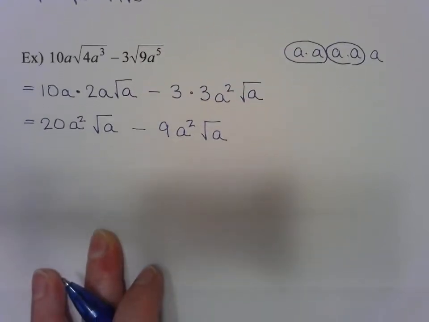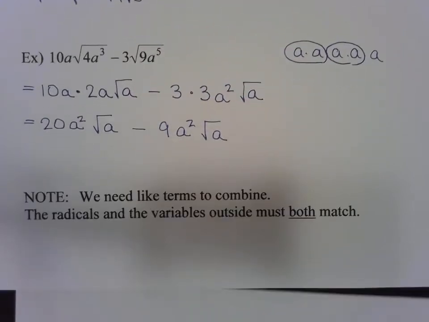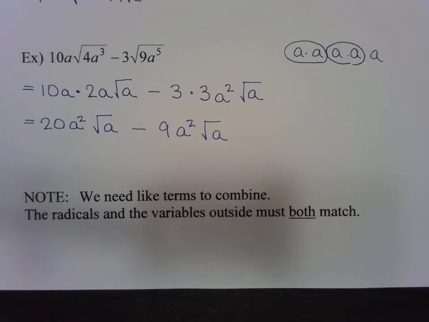Okay, and I did put in a side note down here at the bottom. When we are combining with radicals, we do need the radicals to be the same. If variables are involved, we also need them to be like terms, which means that we need the variables on the outside to match as well.